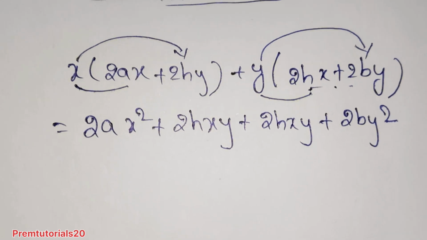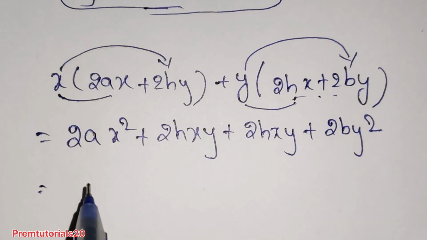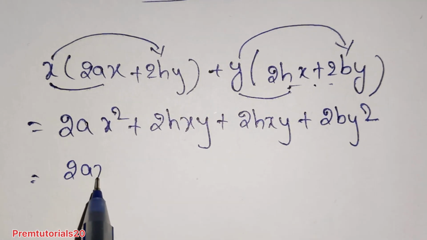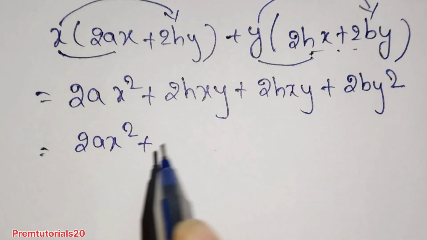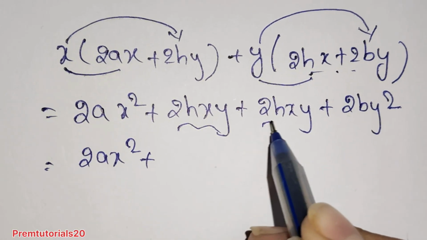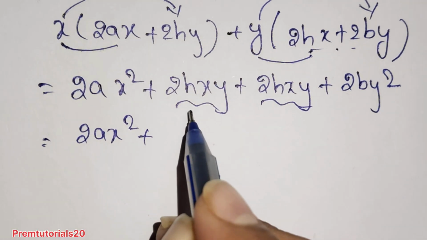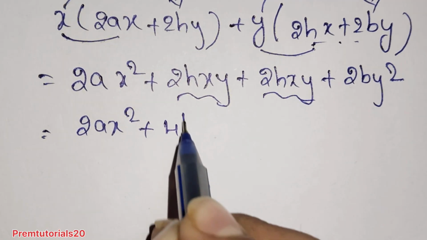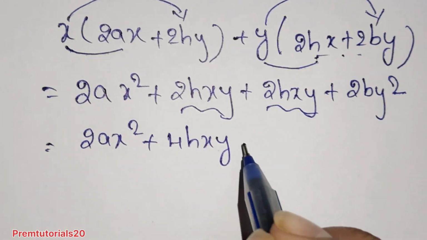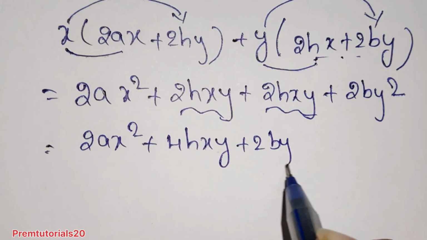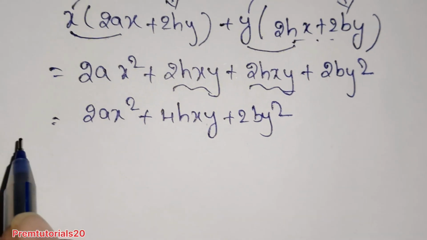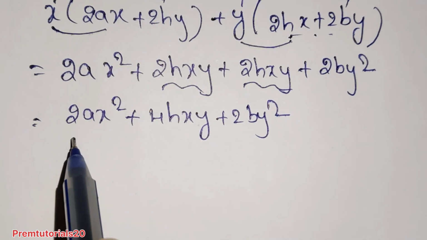Okay, do you get the point? Now we get 2ax square plus 2hxy plus 2hxy, that means 2 plus 2 becomes 4hxy, plus 2by square. Okay, do you get my point?